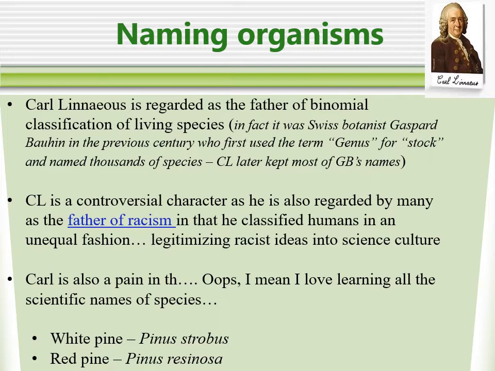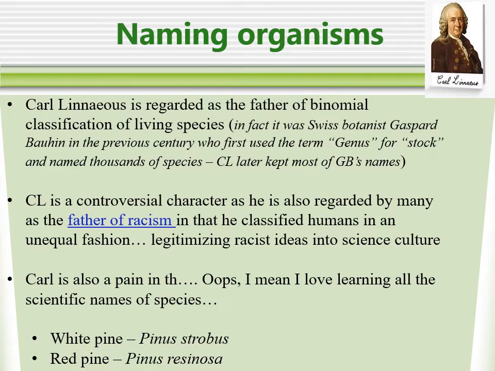It's in fact the Swiss botanist Gaspard Bauhin, who almost a century before invented the term genus for the two binomial names of genus and species. Genus is a word for stock, which means coming from this group or stock of. And Carl Linnaeus typically rolled in Gaspard's names, of which he named thousands of species. He rolled them into his system when he got going.